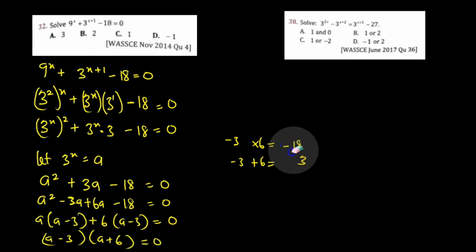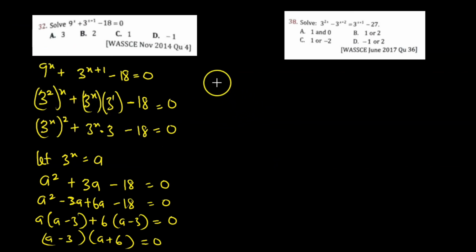Moving forward, in order to solve for a, we have a minus 3 equal to 0, and a will give us an answer of positive 3. And the other is a plus 6 equal to 0, so a will be equal to negative 6. But remember, a wasn't the variable we were solving for.